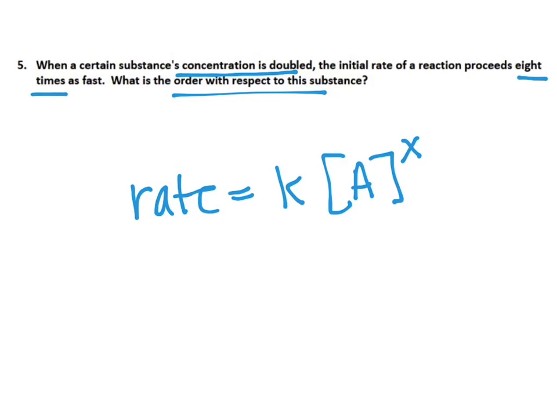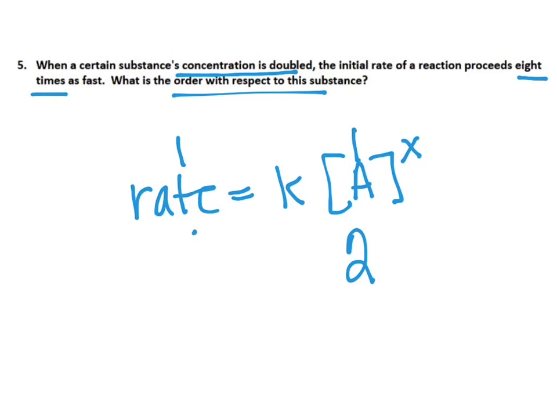So if our rate was 1 and A was 1, they're both starting at 1. What if we double A? It says we doubled our concentration. What happened to our rate? But look at the question.